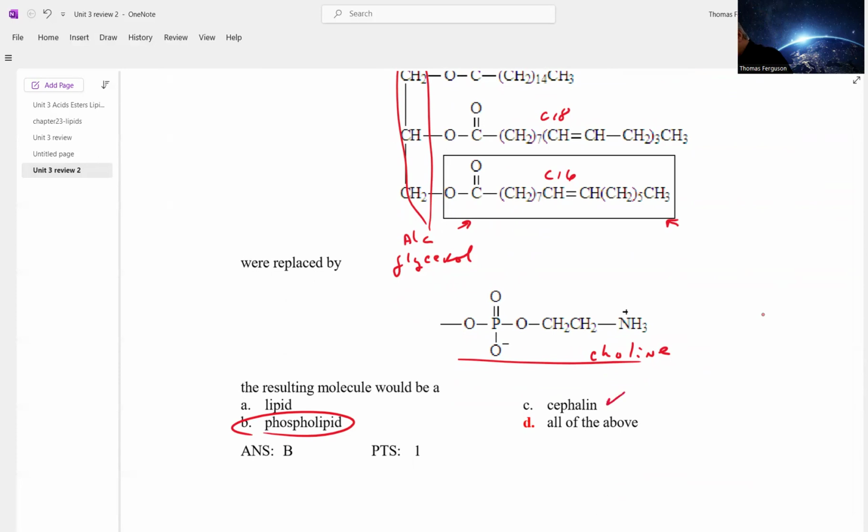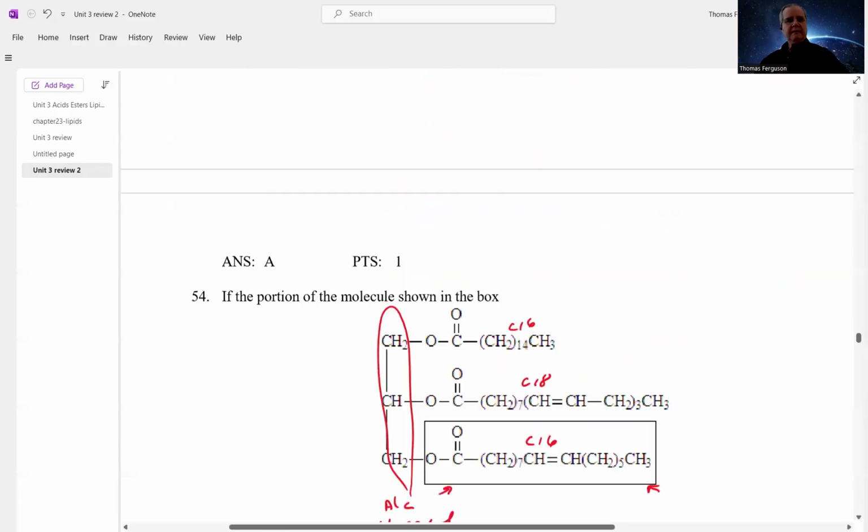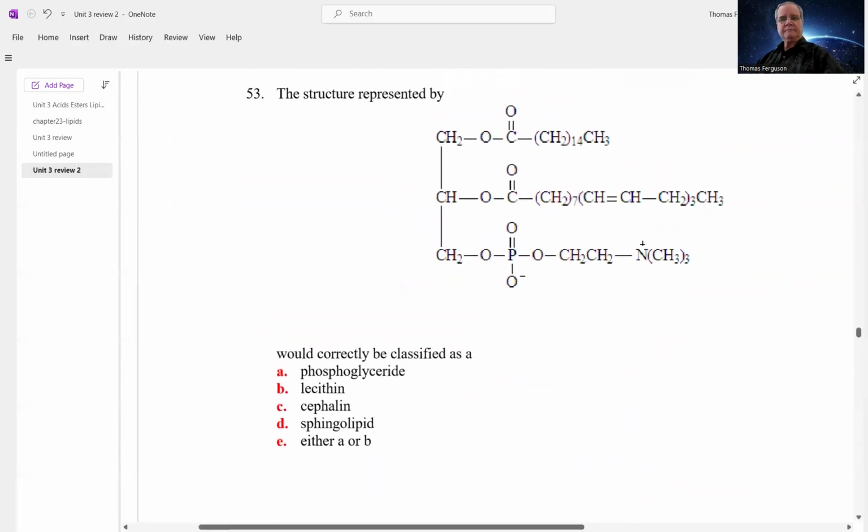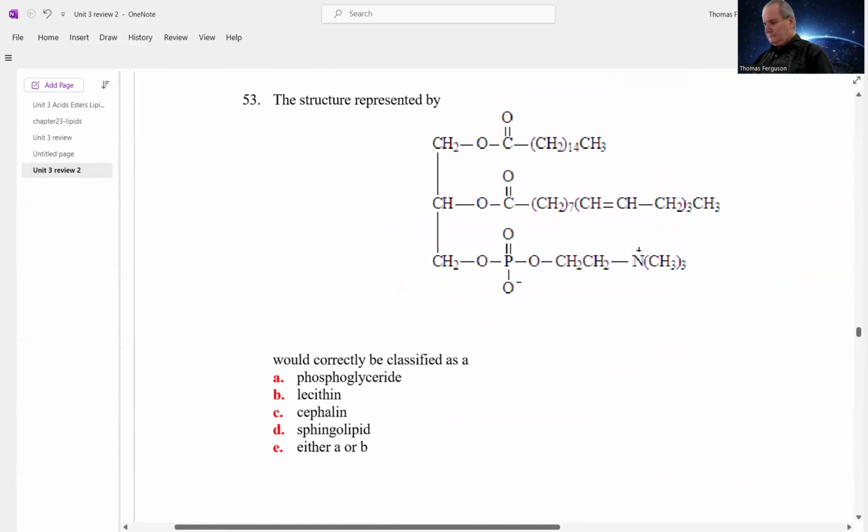This one here does not have a glycerol backbone. It has a different backbone. Okay, now this is again lecithin.